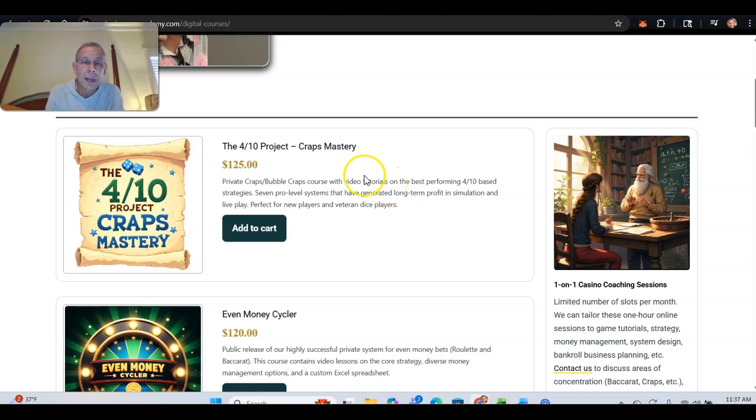So the 410 Project is our latest, and it is amazing. Once you pay, you get access instantly because it's a product that you purchased, and when you log in, you will always have access to the courses that you purchased. So this is an incredible way to get started with bubble craps and craps.